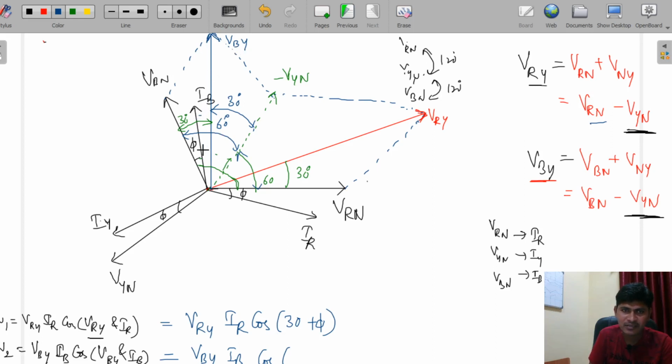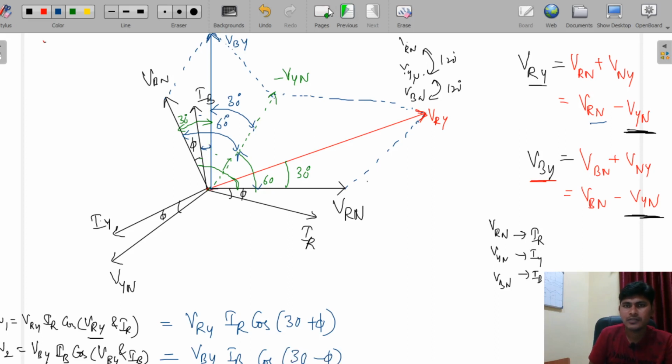This is VBY, and here we have IB, right? So what is this angle? From here to here the angle is 30 degrees. The angle between these two phasors is phi, and between these two phasors is 30. So the angle between these two phasors will be 30 minus phi, 30 degrees minus phi.